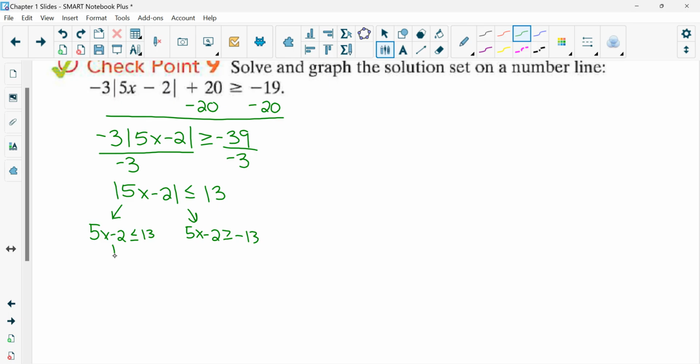All right, so here, as I go and do that, I'd have to add 2. We get 5x is less than or equal to 15. Divide by 5. And we get x is less than or equal to 3.